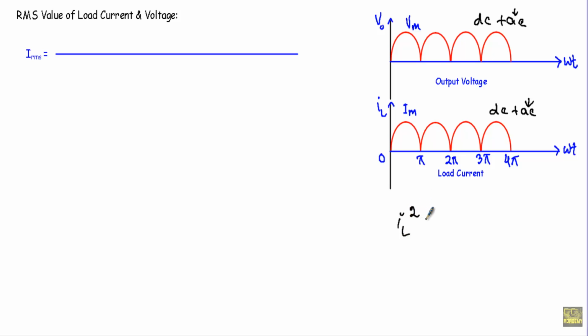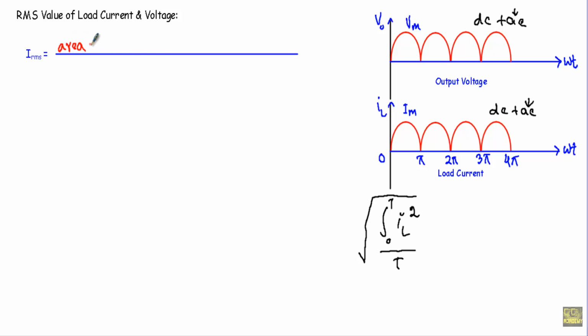After that I will take the average of this IL square. To calculate the average of IL square, I have to integrate it from 0 to the period T and divide by the period T. So this will be the mean of the square. After that, I take the root of the mean of the square. Therefore we calculate the value of any waveform by using this formula.